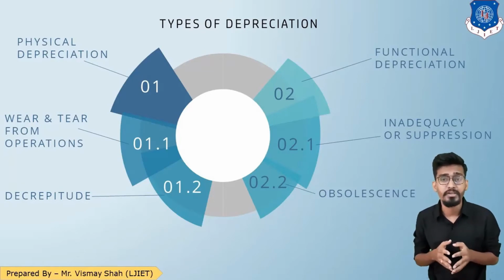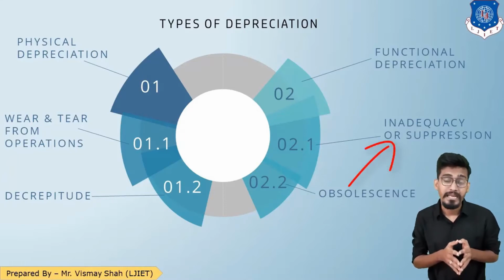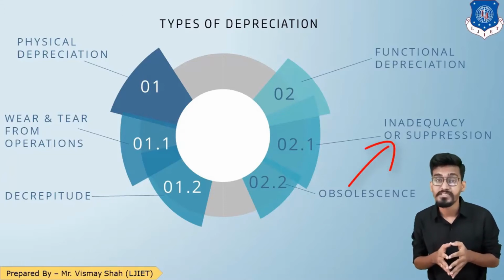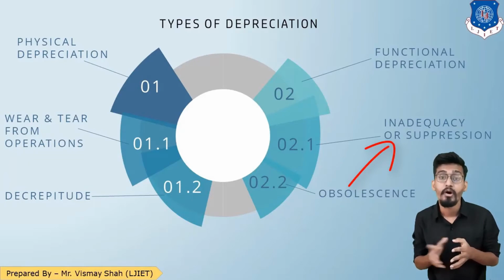And the functional depreciation means the functional aspect of a property, land or the building. So the first functional is inadequacy. Inadequacy means that for what purpose you have constructed the building or the component or the land is not fulfilling that function or not fulfilling that purpose.